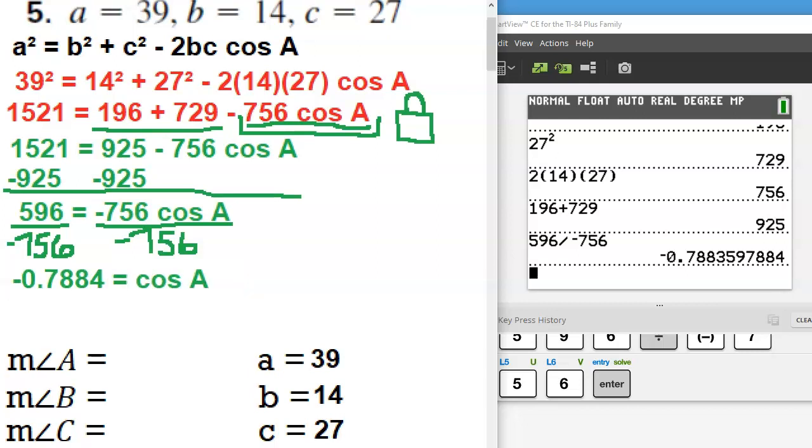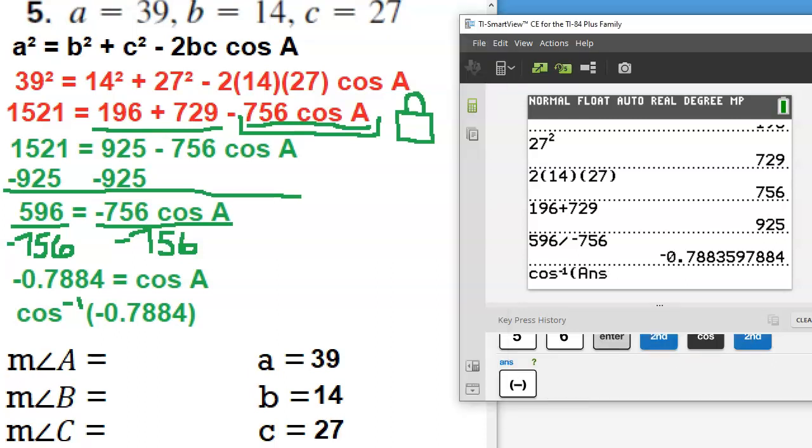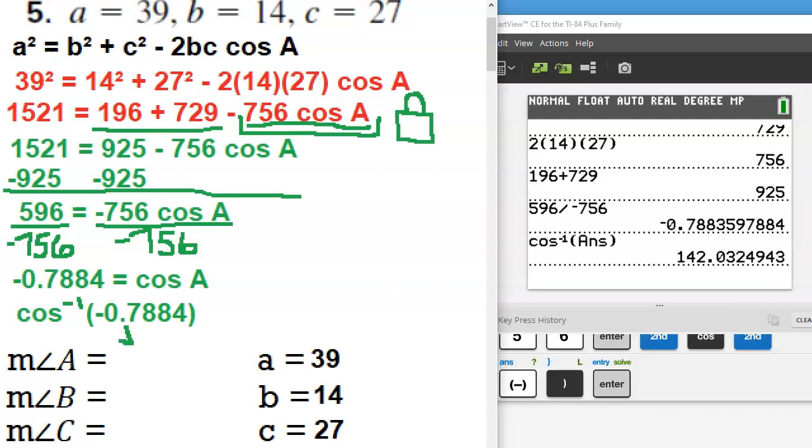So when you're doing the inverse cosine of a negative number, it means your angle is going to be obtuse, and that is okay. So we're going to do inverse cosine of the answer. All right, there you go. And that number is going to go right there. And angle A is 142.03 degrees.